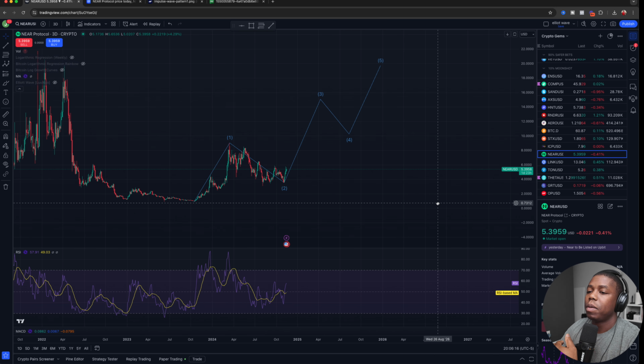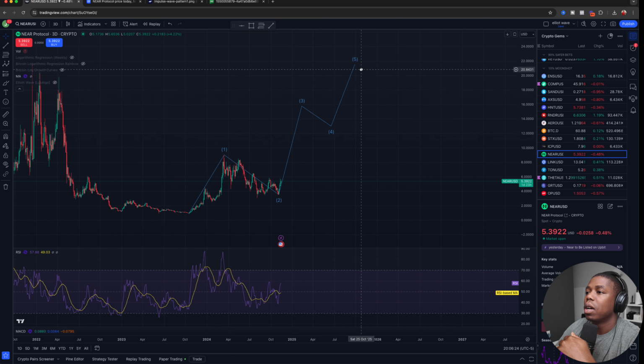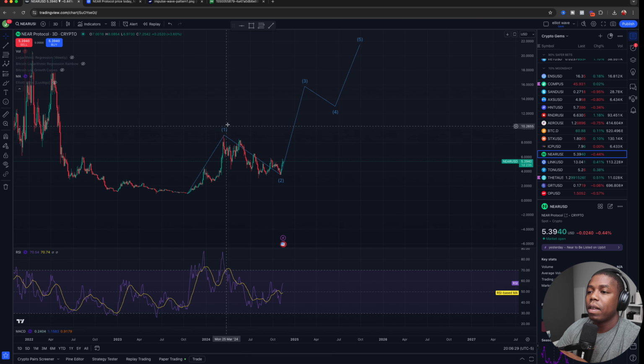We've seen crypto markets just go absolutely crazy. I mean, this could be even sharper. I mean, it totally can just take off and go even higher than that. But right here, if this were to be kind of the trajectory that NEAR Protocol goes, again, I'm looking to buy in right here because I see a lot of great fundamental and technical things with the way that this chart looks.